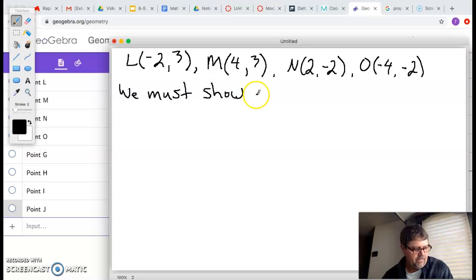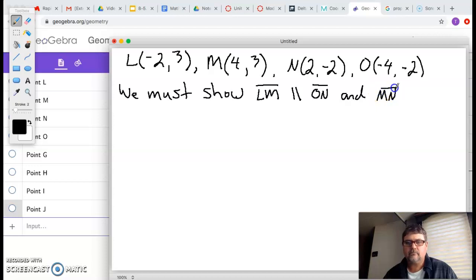We're going to show that line segment LM is parallel, and you can use those two vertical lines for the word parallel when you work with geometry. And we want to show that it's parallel to ON. But that's not quite enough. We have to show both opposite sides are parallel. So we're going to say and. One more thing we have to do is we have to show MN is parallel to LO.